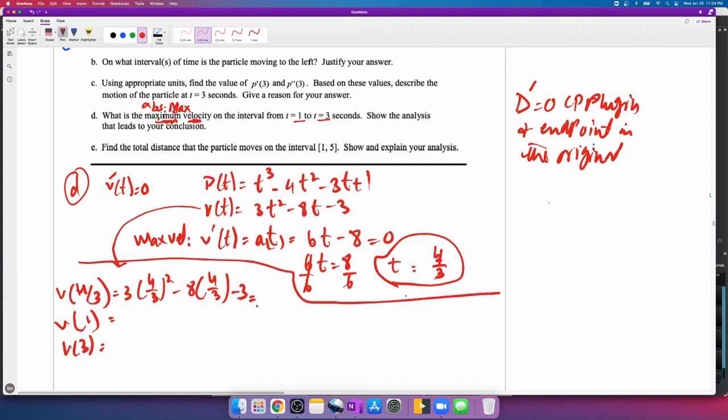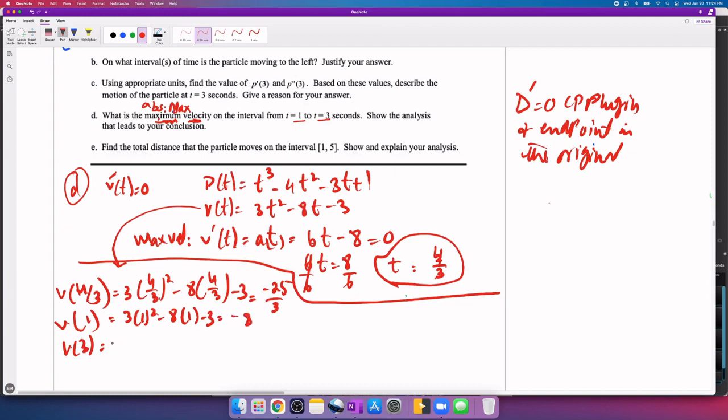When you solve this, it's going to be negative 25/3. When you plug in 1, it's 3 times 1 squared minus 8 times 1 minus 3, and it gives me negative 8.